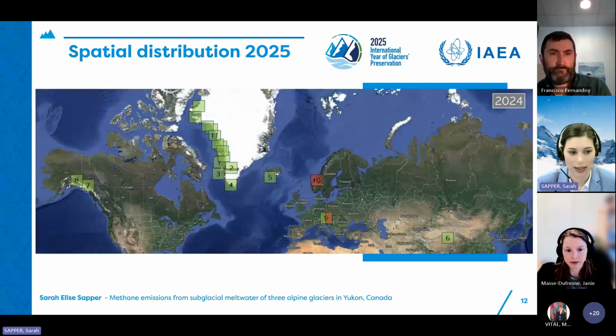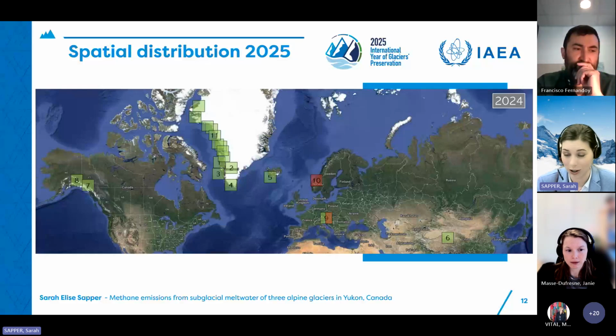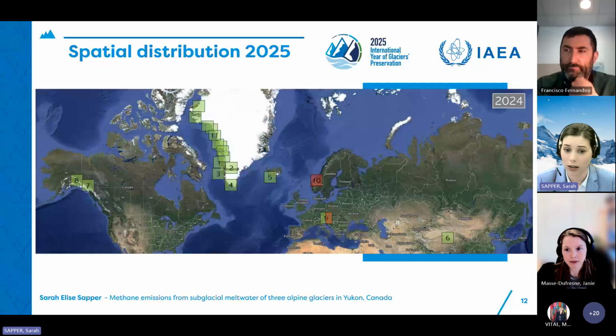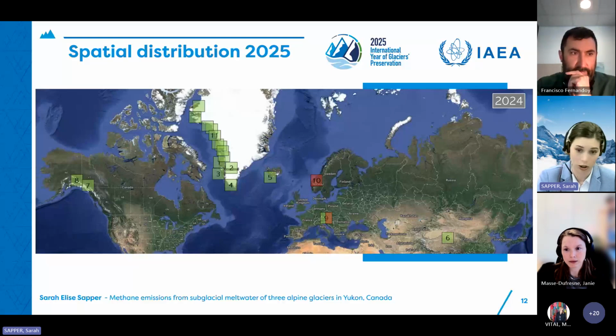But it will take a much larger effort and also a lot of international collaboration to really find out more about the spatial distribution of these direct sources of methane to the atmosphere coming from underneath glaciers, and also to find out how important this source is in terms of the global carbon budget and climate change.